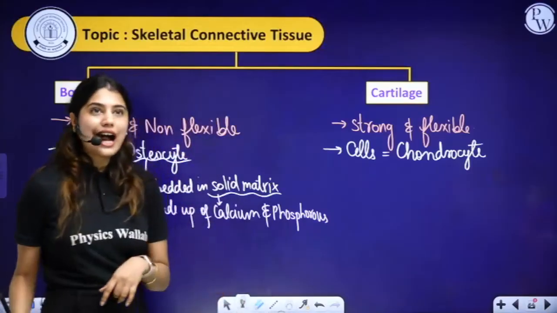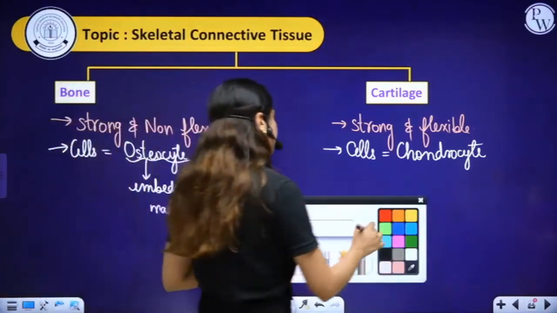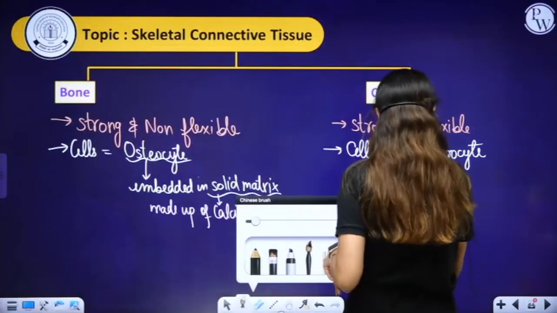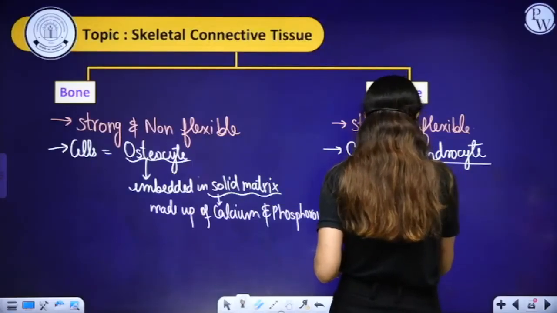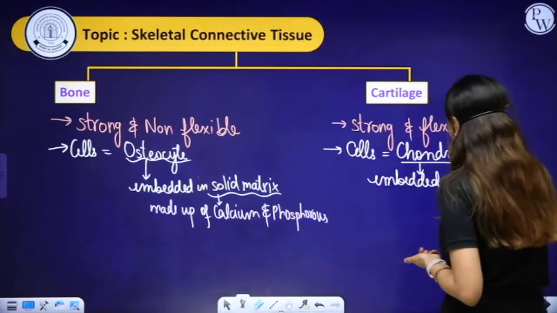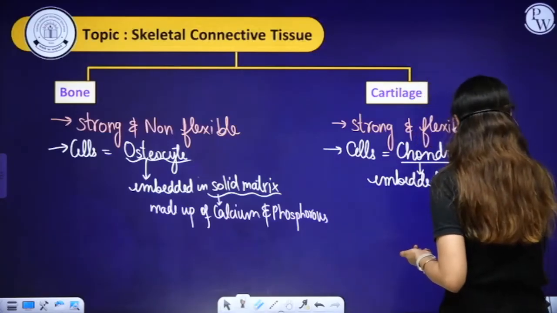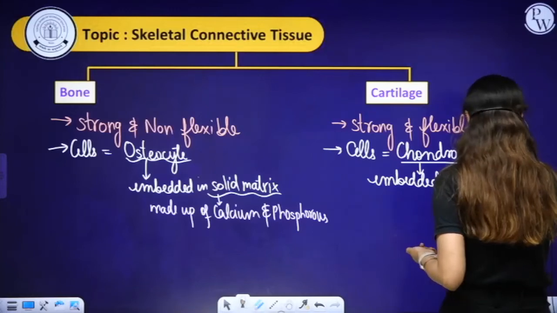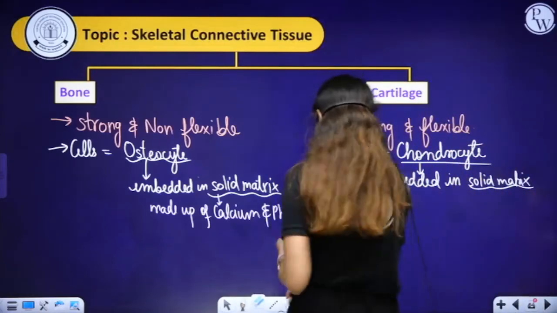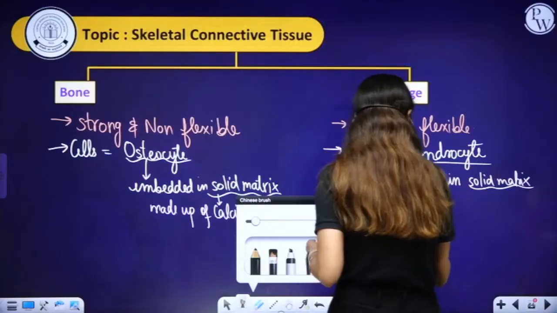What about the cartilage? They are also present in the matrix. And the matrix here is made up of sugar and proteins.